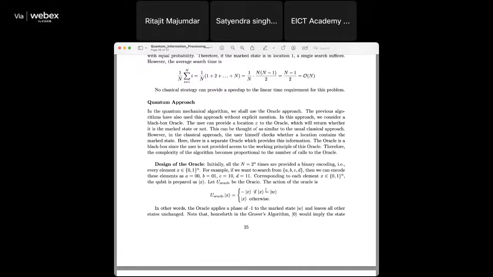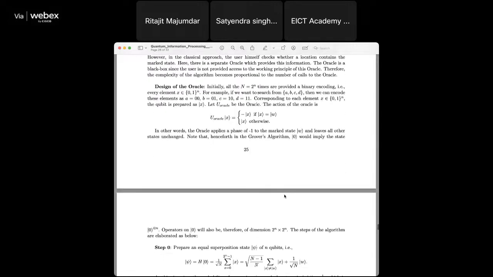So we will call it the marked state henceforth. What this oracle will do is look at x. If x is the marked state, it will add a phase of -1 to it. Otherwise, it will not do anything. And you can immediately understand that this is something a classical computation cannot do.